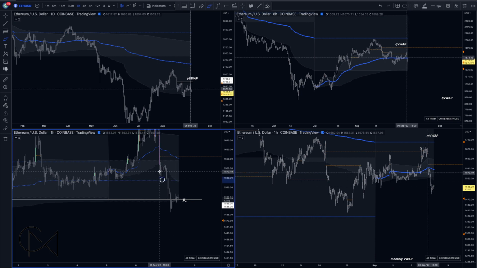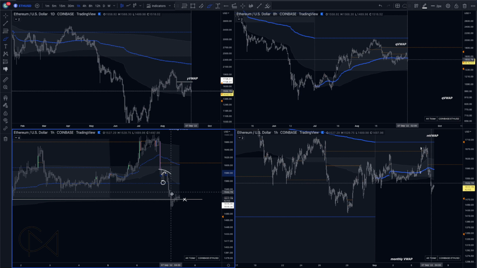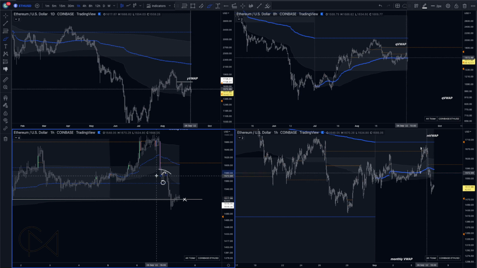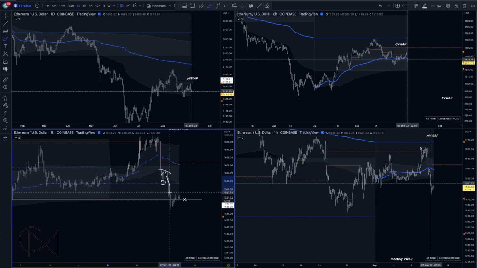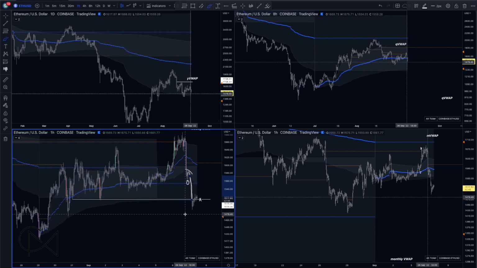It gave a nice bounce, but then it retested the current developing VWAP value area low. Clear acceptance, which was a short. The second time going below this previous VWAP, it retested the previous VWAP value area low.